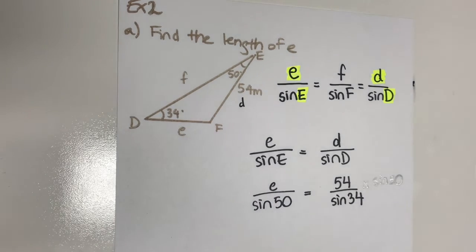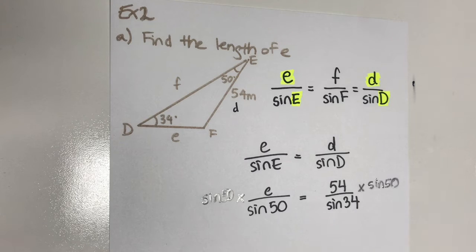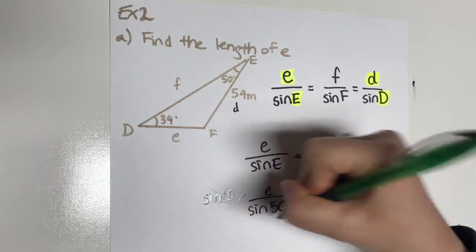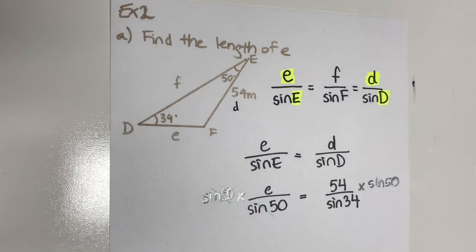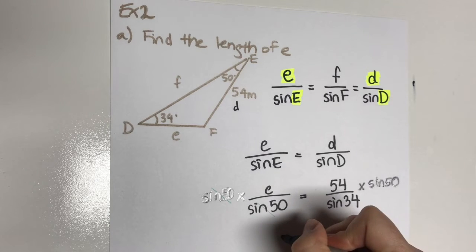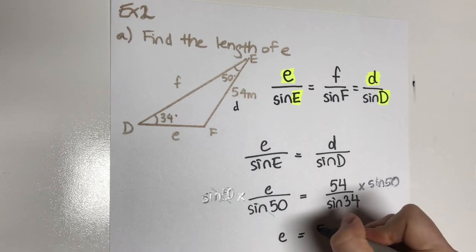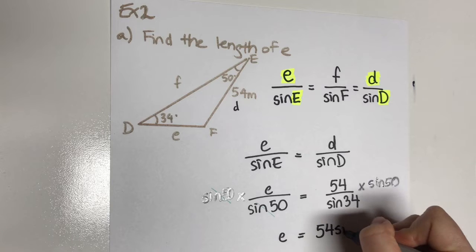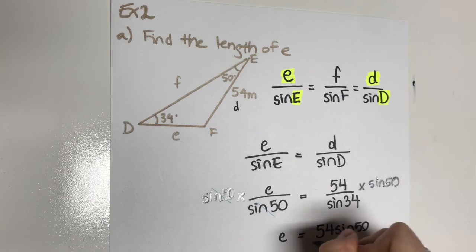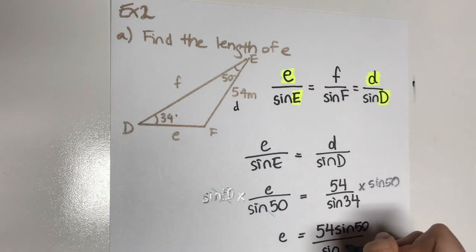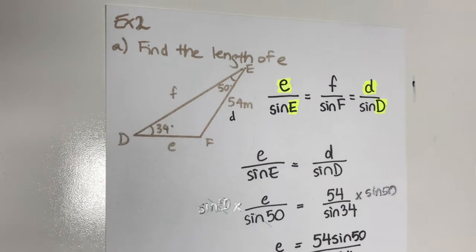Okay, and because I've multiplied both sides by sine 50, on the left-hand side, these are going to cancel out. So I'm left with e equals 54 sine 50 over sine 34.